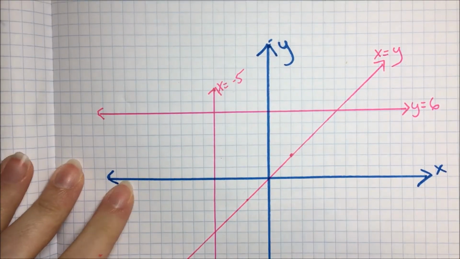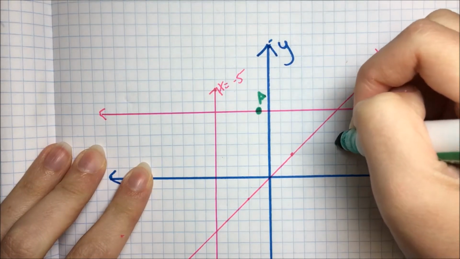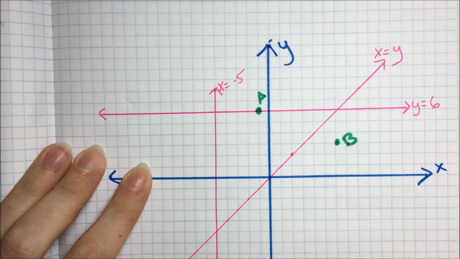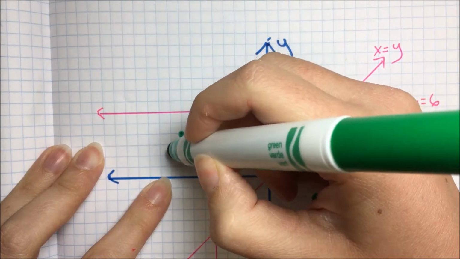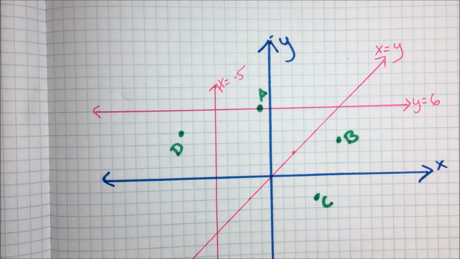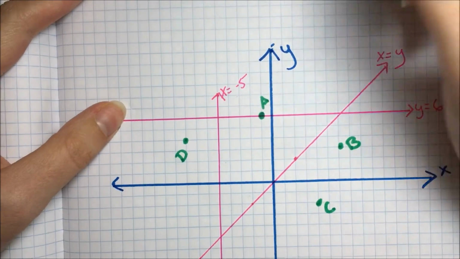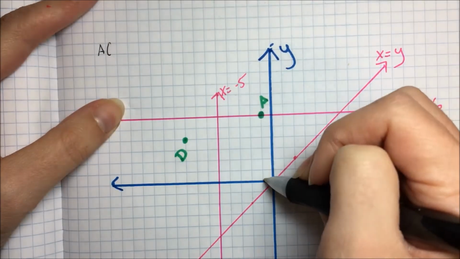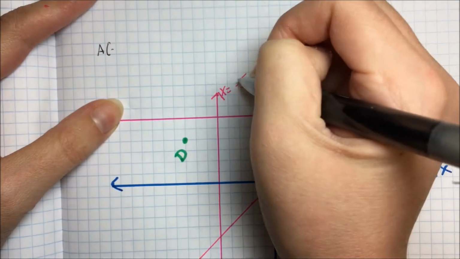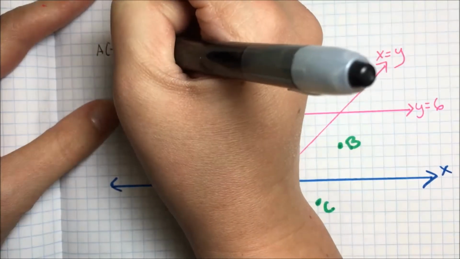I'm going to put point A, point B, C, and D. I'm going to write up here where these points are so that you can see them. A is at -1, 6, sorry, -1, 6.